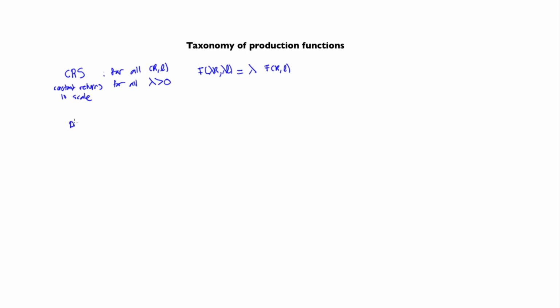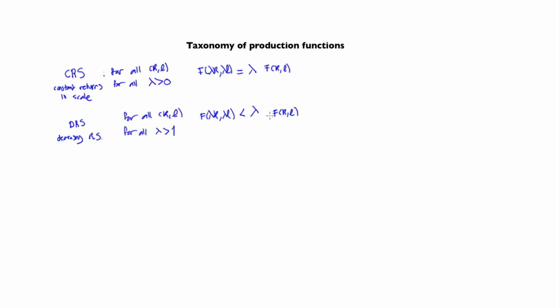The second case is called decreasing returns to scale. And that says that for all K and L, and importantly, for all lambda greater than 1, not greater than 0, greater than 1, if I compare the initial level of production and I ask what happens when I amplify the level of inputs of production by a factor lambda, let's say I double them, I get less than lambda times the level of output.